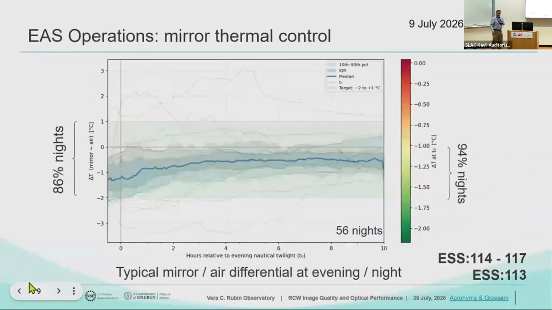We are also servoing that system using the EAS, and we command it to follow the nearby air temperature outside the cell and the mirror to make sure that there's no mirror seeing. And also, which we found is very critical, to reduce the overall gradients inside the glass.